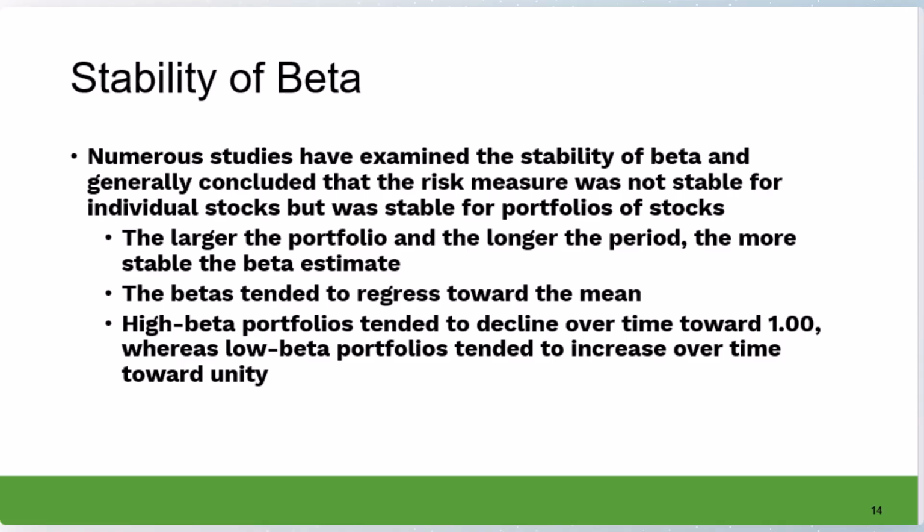So if you measure this over time, a high beta portfolio would tend to regress towards a beta of 1, and low beta portfolios would tend to increase. Again, this I believe is a function of the overall statistical characteristics of averaging, right? The more things you average together, the closer we get to the average number.